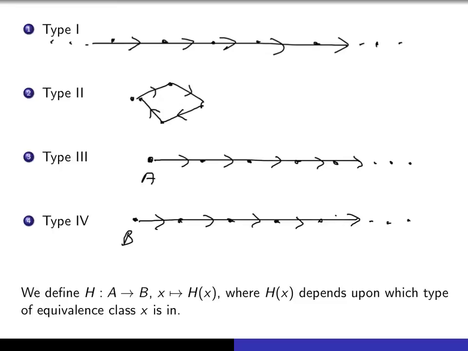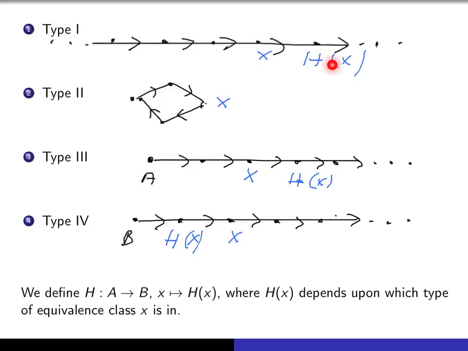So now finally I'm ready to tell you what is this function h of x. So to do that I'm going to locate an x on each one of these equivalence classes, and then I'm going to show you in the picture how we're going to define h of x. Here's the answer. If x lies in an equivalence class of type 1, then we're going to map h of x here.